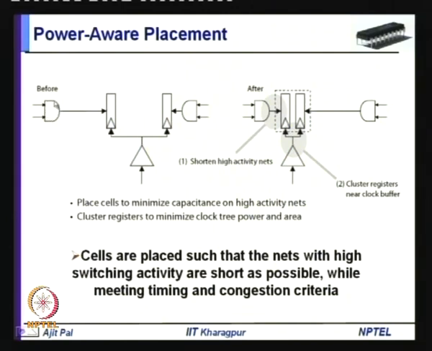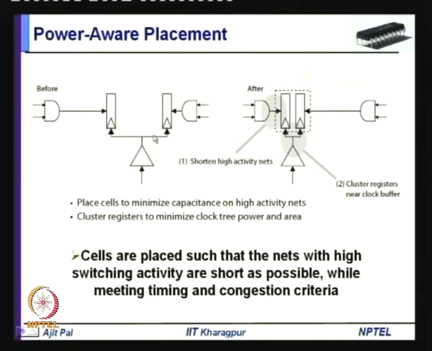Here this is a clock gating hardware, and there is a signal net, and that input is going there, and the clock is coming here. So, data is coming here and signal is coming here. Now, if this signal net is having a lot of switching activity, then it is necessary to reduce the length of this particular net.